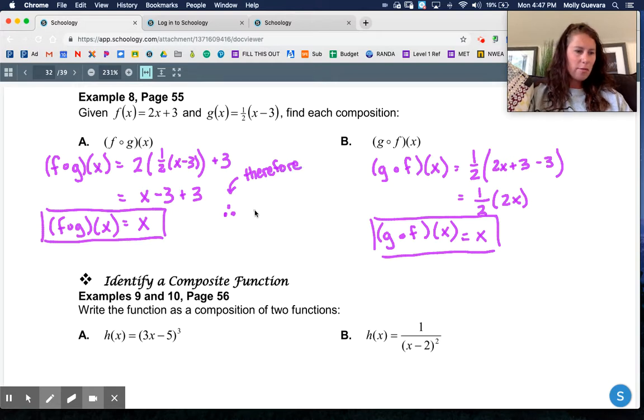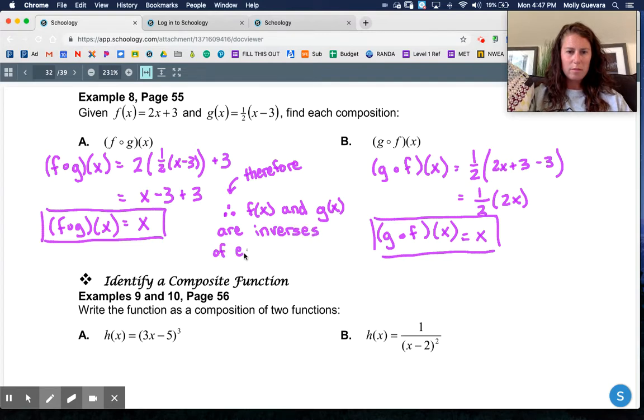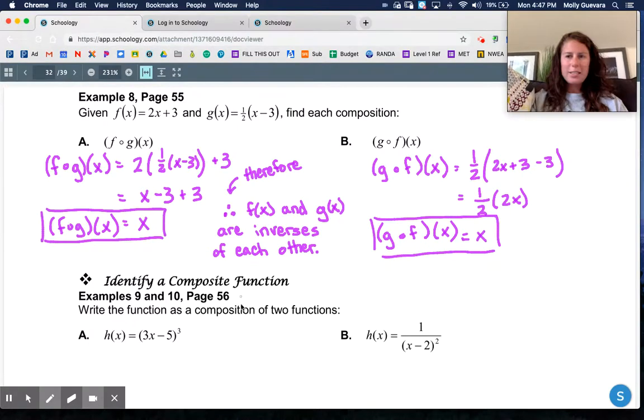So therefore, f of x and g of x are inverses of each other. Okay, so they're inverses of each other. Woohoo, super exciting. Again, we will talk about that more in the next video.